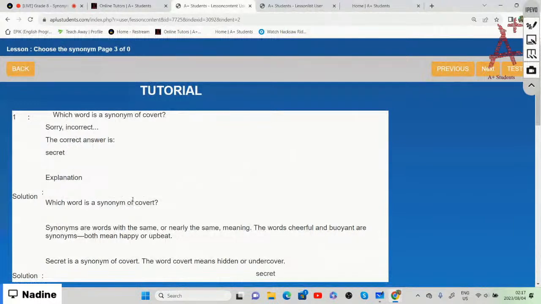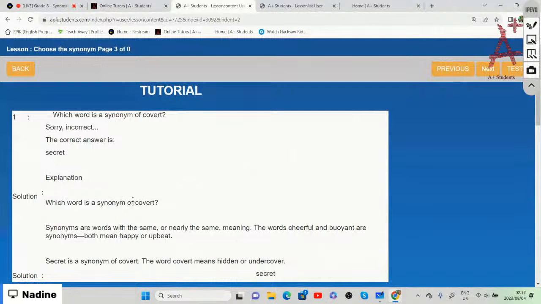Which word is a synonym of covered? The word that is similar or the same or nearly the same as covered is secret. Now that I'm reading synonyms and meaning, it's saying synonyms are words with the same or nearly the same meaning.